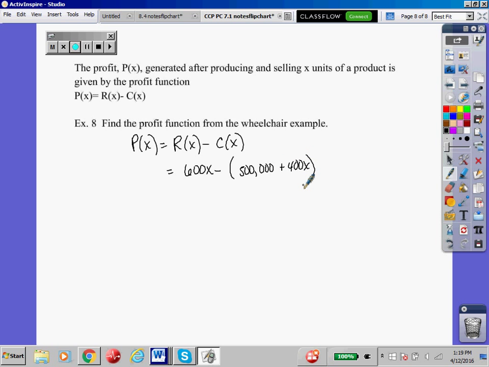Well, if cost is a sum or a difference, you're going to have to insert a grouping symbol here. So this is 600x minus (500,000 plus 400x), and we can collect like terms. So my profit is 200x minus 500,000.